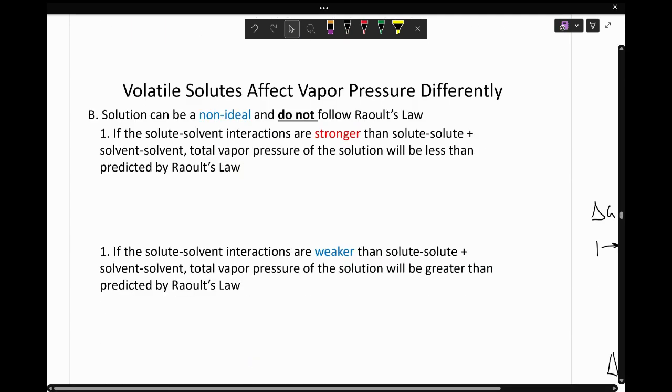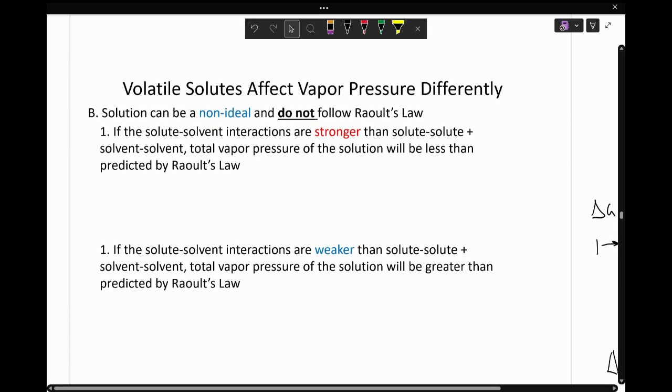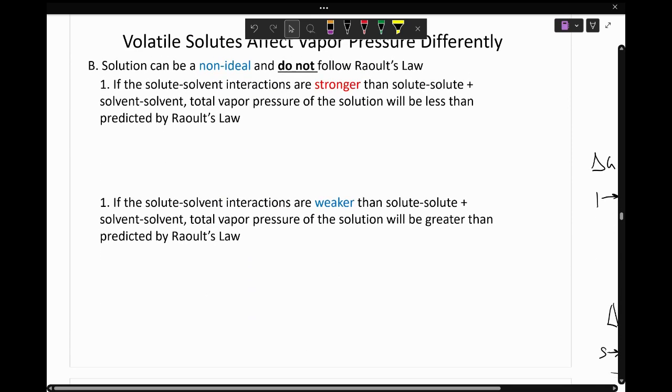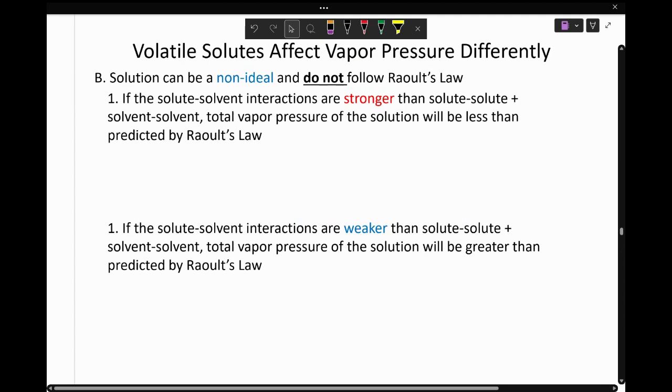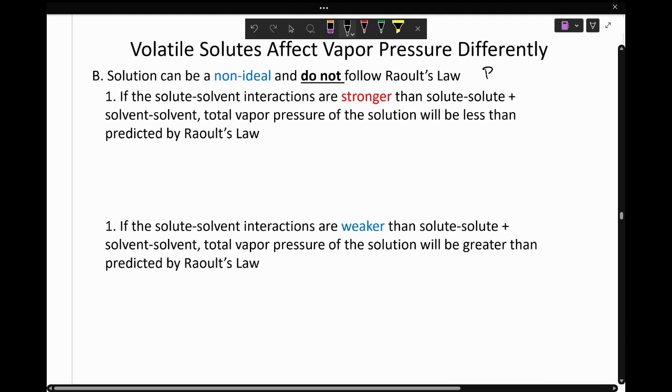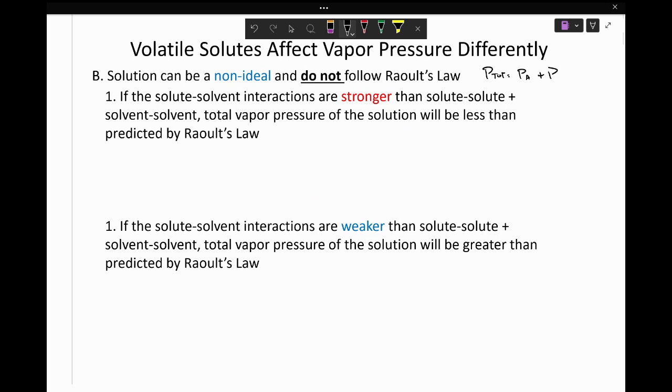But sometimes you can have solutions that behave in a non-ideal manner, and they do not follow that Raoult's law where P total is just simply equal to PA plus PB. In those cases, we're going to have a difference in the relative intermolecular forces that exist.